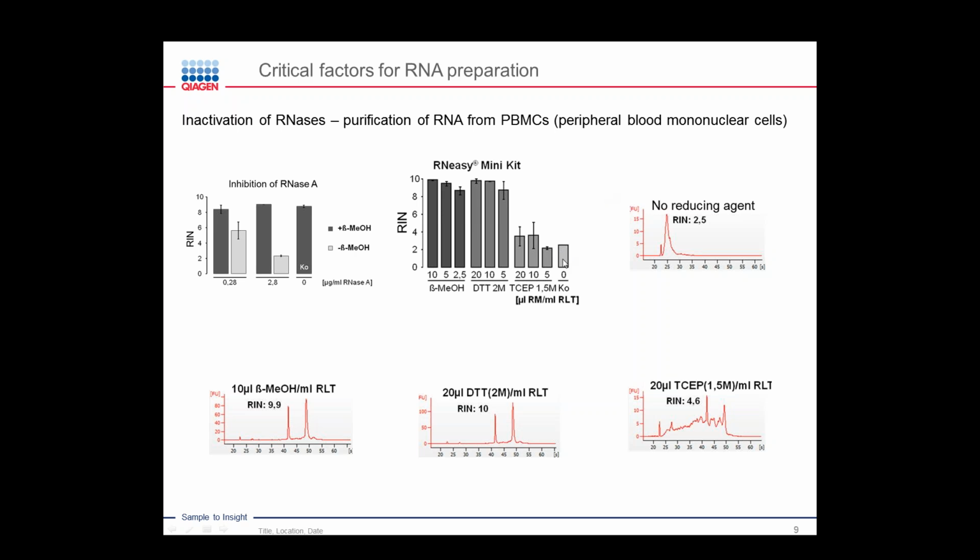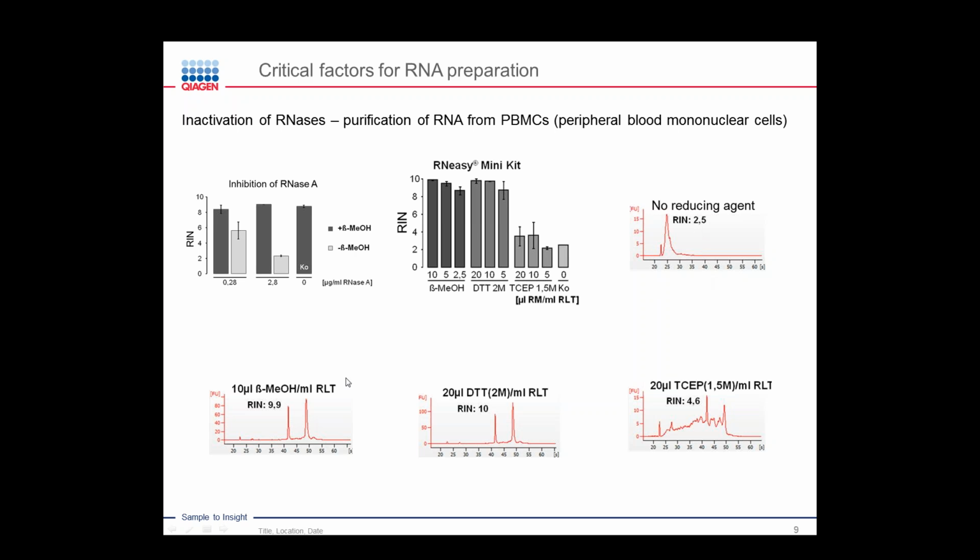The electropherograms indicate the integrity of the different samples. For the control reaction, shown here, without any addition of reduction agent, you can see there is only degraded RNA, indicated by a RIN value of 2.5.